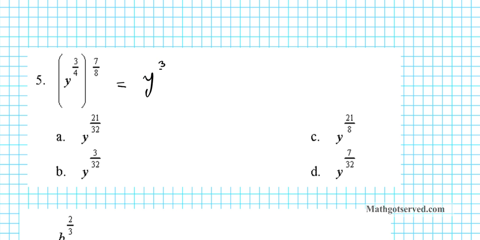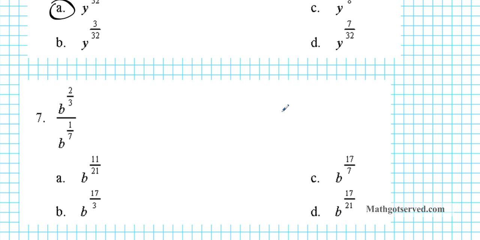So we're going to have 3 over 4 multiplied by 7 over 8. If you multiply the powers, you're going to have y to the 3 times 7, 21, divided by 4 times 8, which is 32. So our final result is going to be y to the 21 over 32. Option letter A.